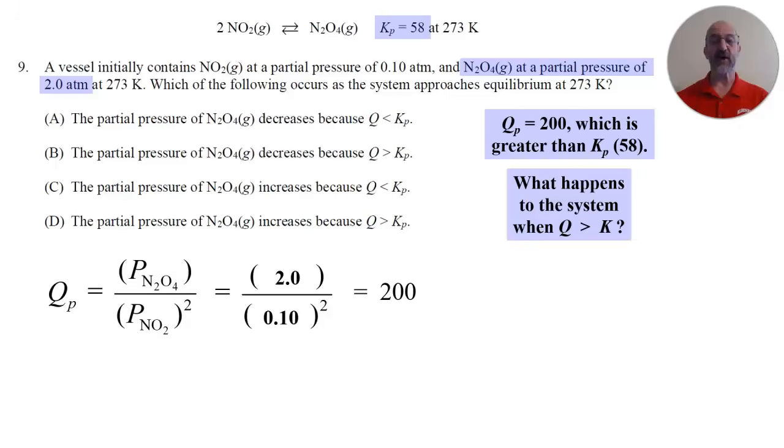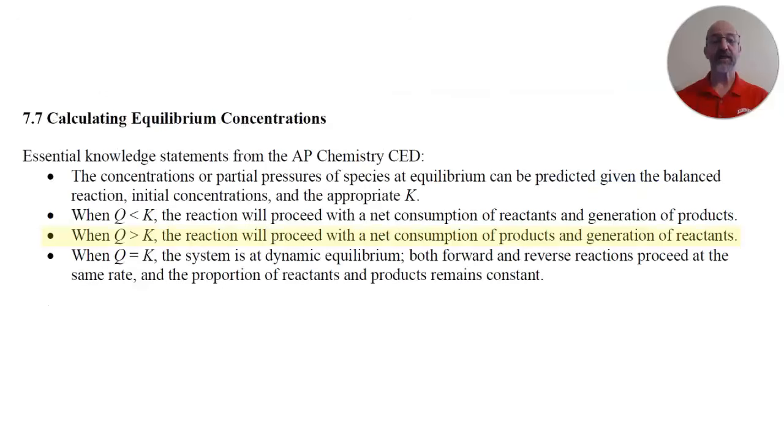So we have to ask ourselves, what happens to the system when Q is greater than K? So now there will be a net consumption of products and generation of reactants. So when the value of Q is greater than the value of K, there will be a net conversion from products to reactants or from right to left.